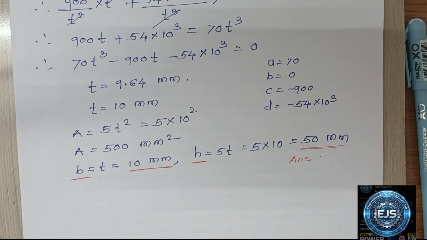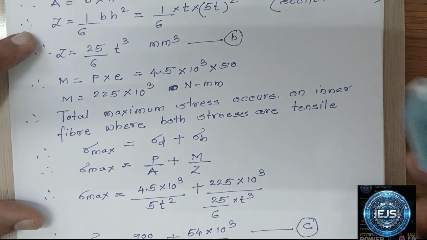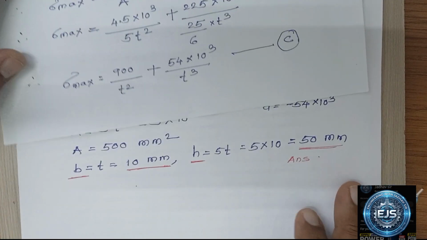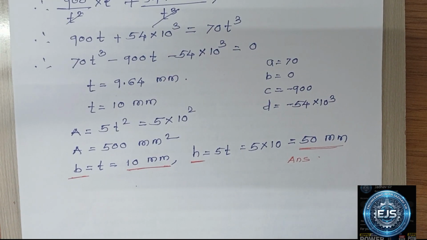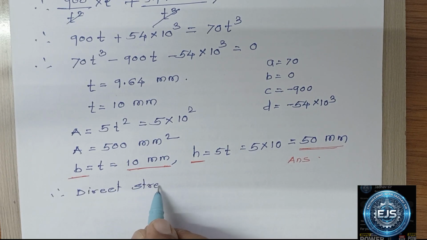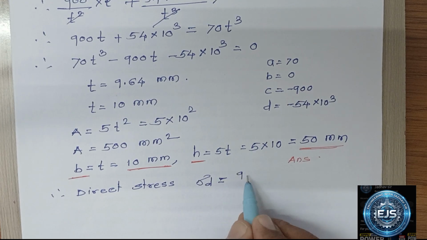And then we have to find out direct stress and bending stress. So direct stress is 900 upon t square. So we have to calculate the direct stress, sigma d, which is equal to 900 upon t square.